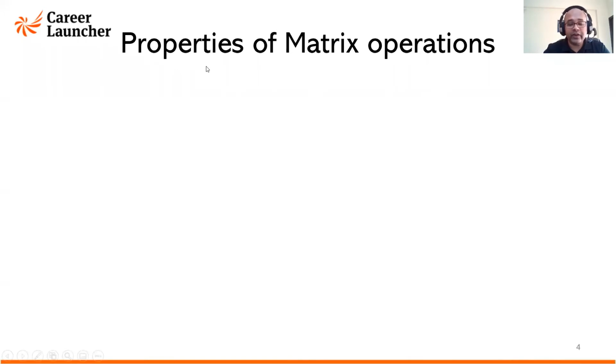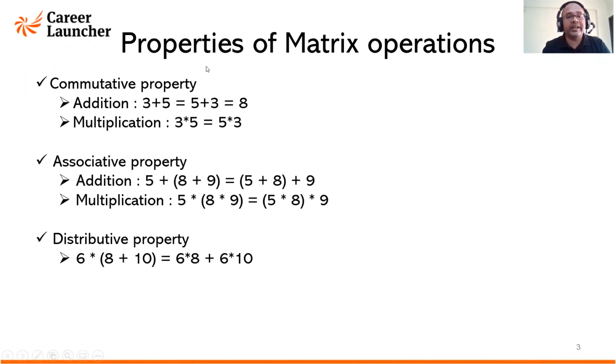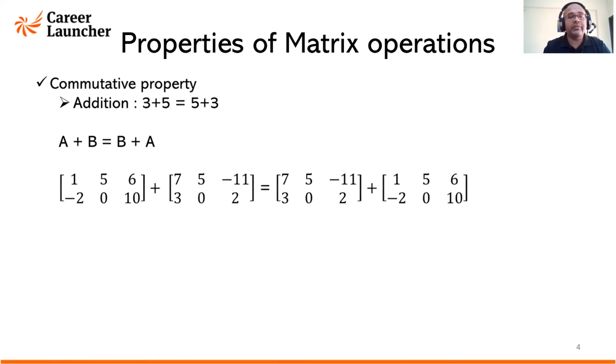Okay, so we are going to see whether these properties are also valid for matrix operations of addition, subtraction, multiplication. Let's start with the first, the commutative property. Just for you to remember, 3 plus 5 is equal to 5 plus 3. Does it also mean that A plus B for a matrices is the same as B plus A?